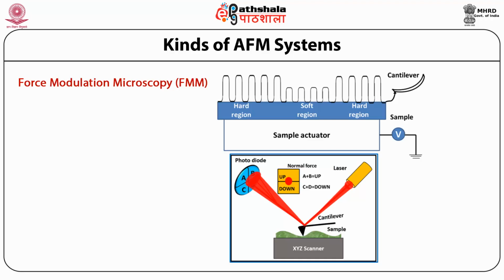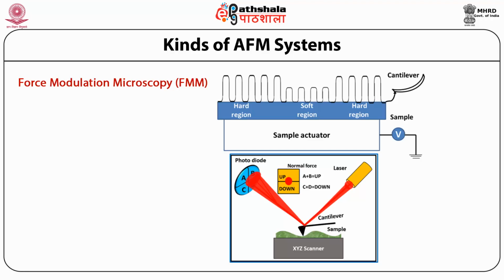From the changes in the amplitude of cantilever modulation, the system generates a force modulation image, a map of the sample's elastic properties. The frequency of the applied signal is on the order of hundreds of kilohertz, which is faster than the raster scan rate, that is, the Z feedback loop set up to track the scanning.